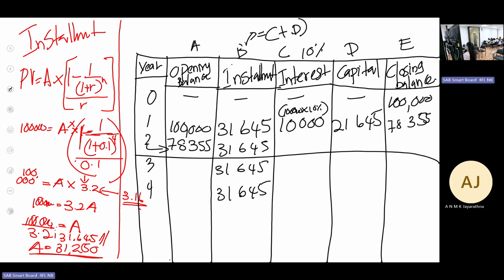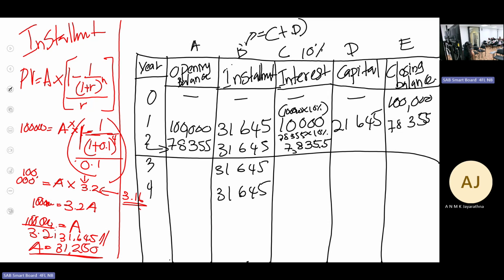Now, what is the interest? 78,355 multiplied by 10%. 7,835.5. What is the capital amount now? Installment is this much. Interest is this much.